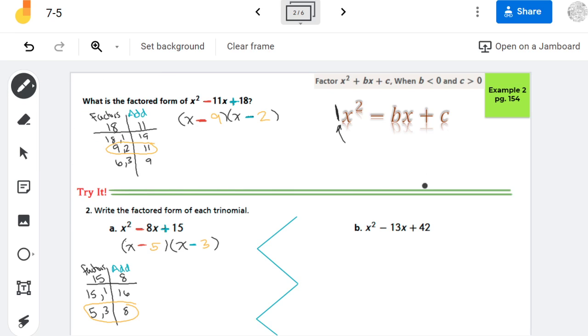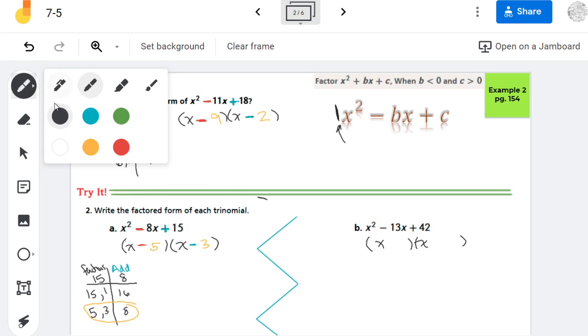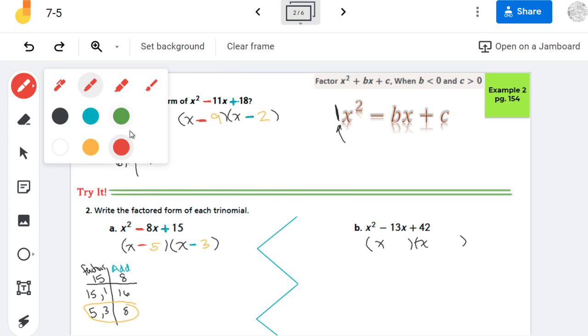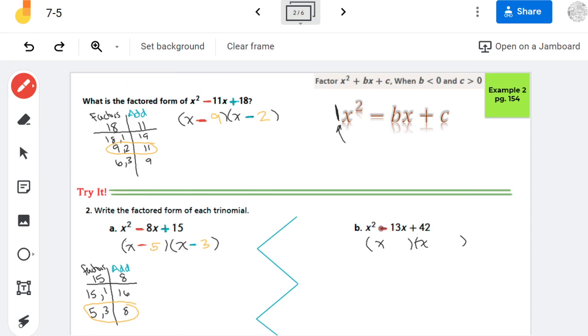Alright, round 3. I set up the double bubble. I fill in my x and x, again because I have a square and a linear term. That first sign is going to fall down. Y'all, I am struggling. There we go. That first sign's a minus, so it comes down.